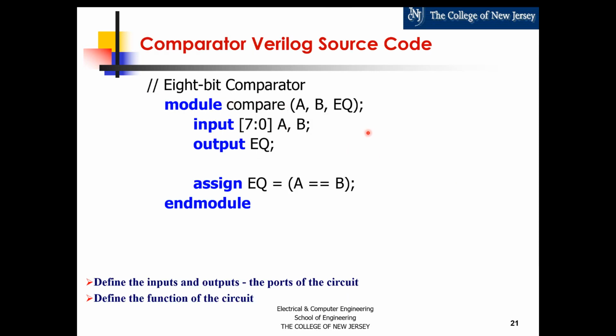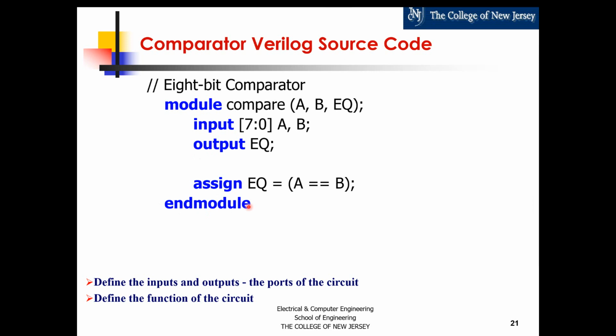The code for that comparator would look like this. And from now on, everything that is in bold blue is part of the syntax, is a reserved word of the language, and you should not use it for anything, like names of anything.